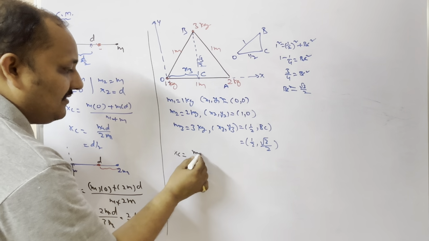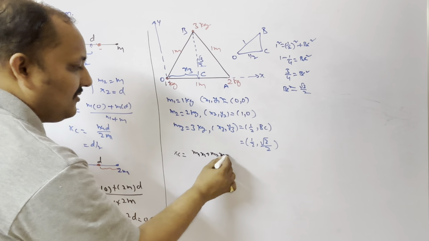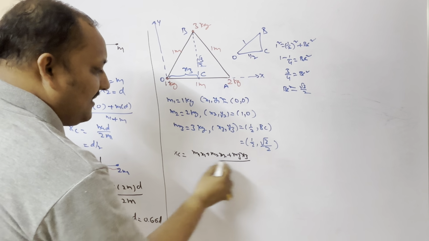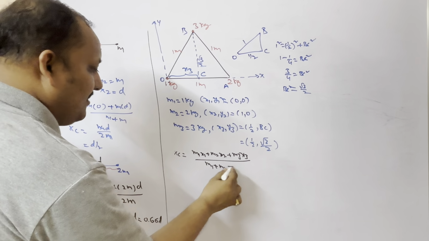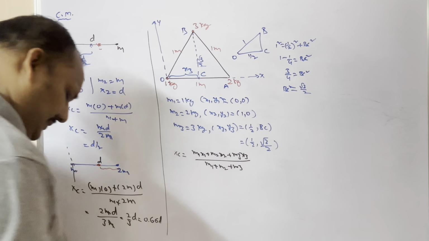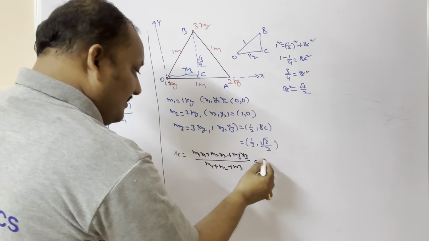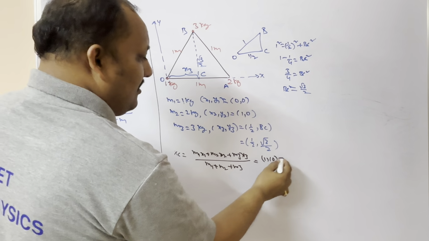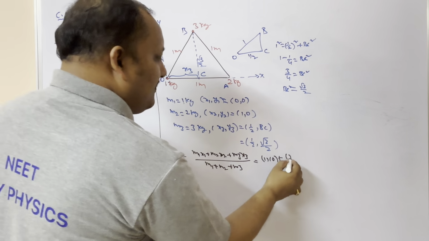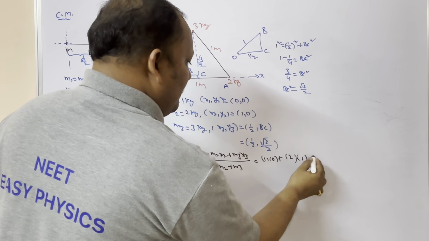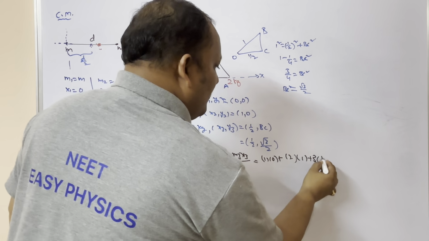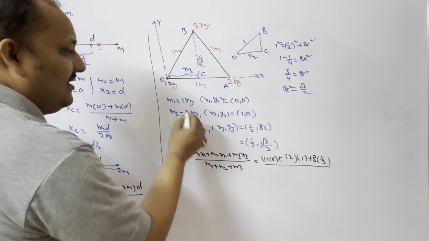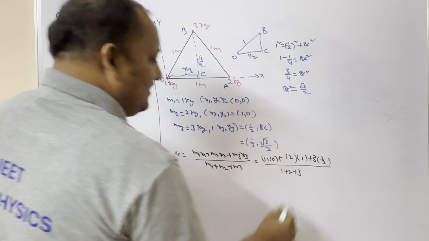So what is our formula? X is equal to (m1 x1 plus m2 x2 plus m3 x3) by (m1 plus m2 plus m3). Then, 1 into 0 plus 2 into 1 plus 3 into 1 by 2, divided by 1 plus 2 plus 3.